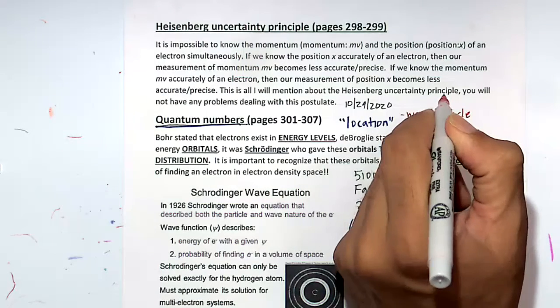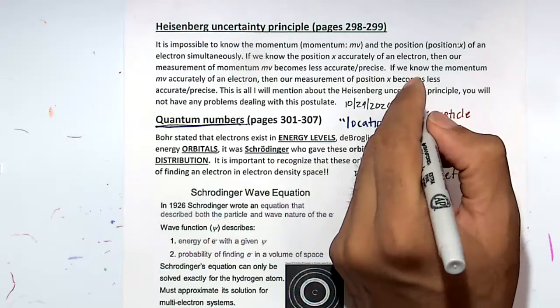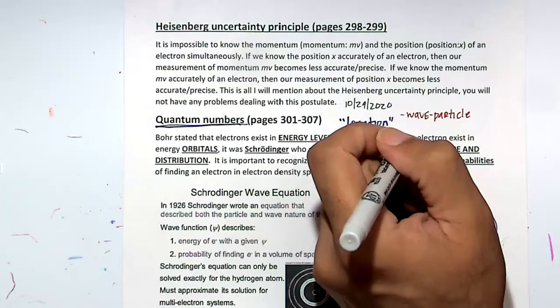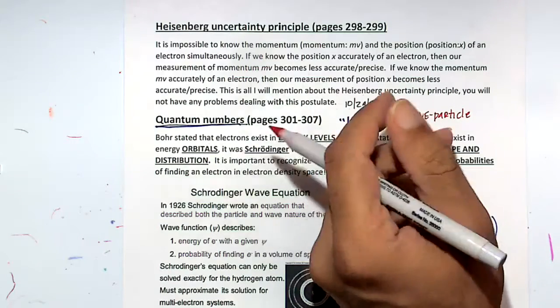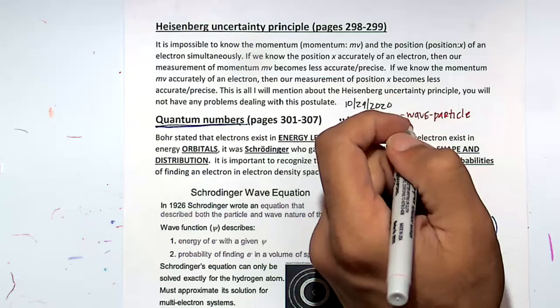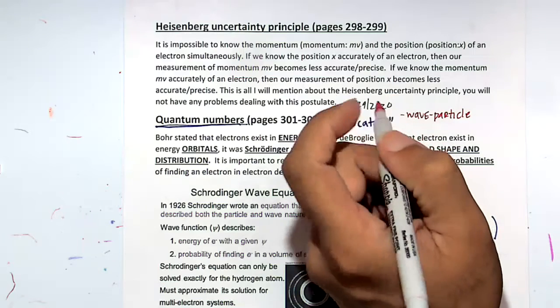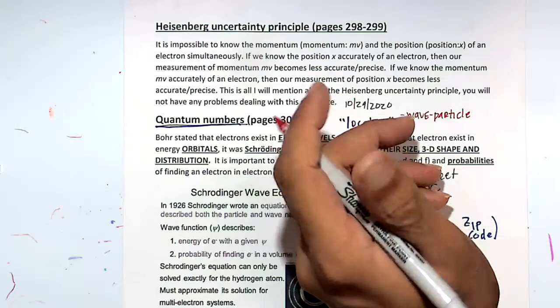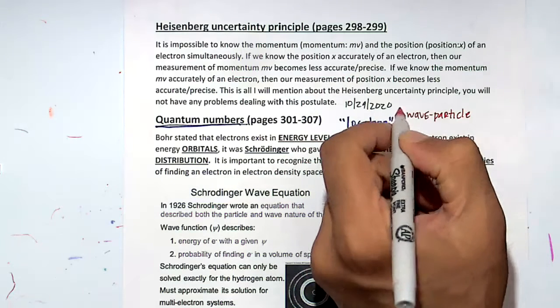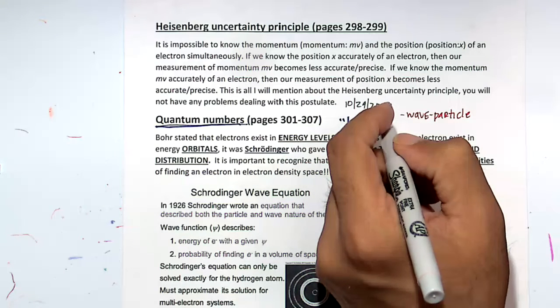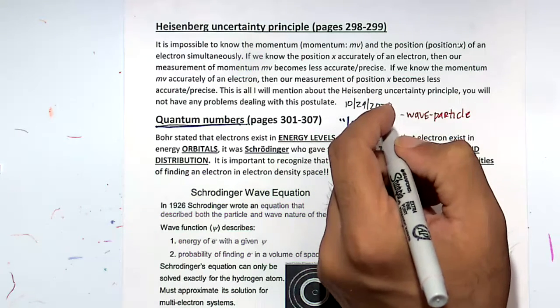The wave is always oscillating back and forth, so it's hard to discern a location, and it's a particle buzzing around, so it's also hard to get a location. However, there are 4 quantum numbers that sort of determine the location.